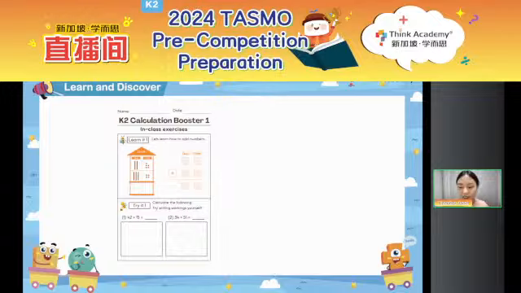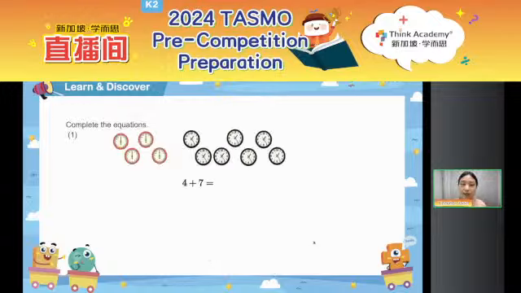So everyone, let's have a look. Here is an equation, right? On the left, there are several clocks. How many clocks are there? 1, 2, 3, 4. 4 red clocks. So when we are writing down the equation, what we need to do is just to plus them together, right?